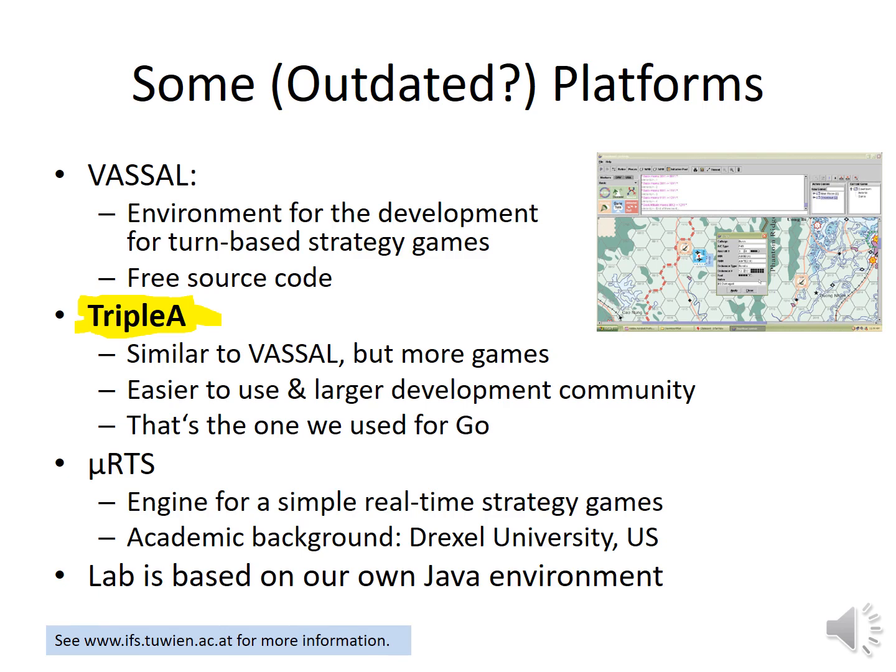We don't use it in the lab course because we have our own environment for this Empire game, but it is, as I said, used in several projects in the academic world. In summary, the most important point is that our lab is based on our own environments for Kalaha, very simple, RISC, a bit more complex, and the new Empire real-time strategy game environment.